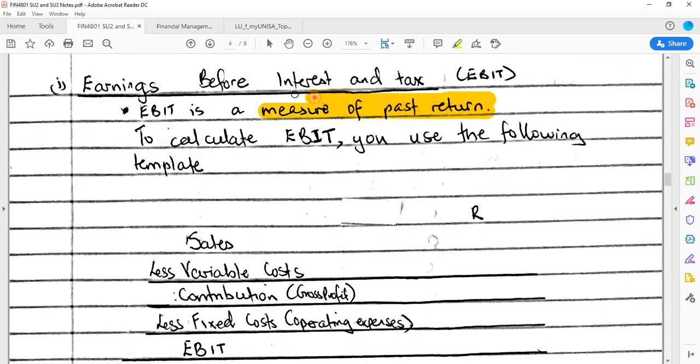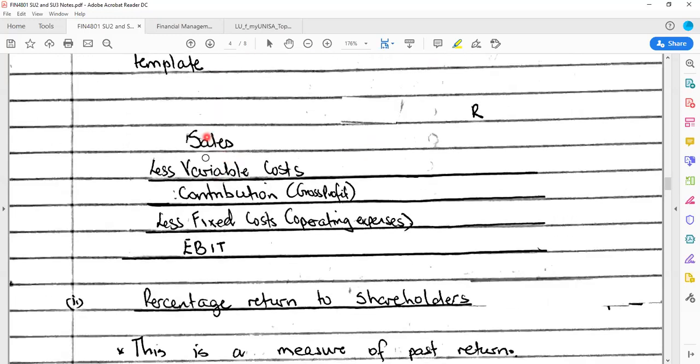When we talk about EBIT, it's measuring the return that you've achieved in the past, not expected return. And to calculate EBIT, which is also known as operating profit, you use this template. It's a very important template that you need to remember.